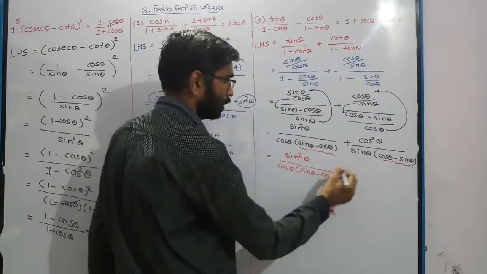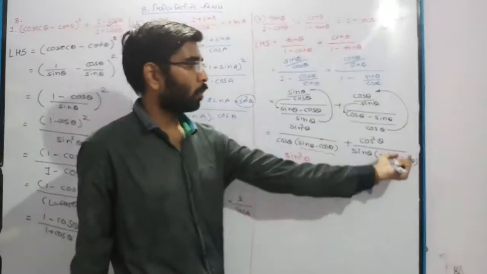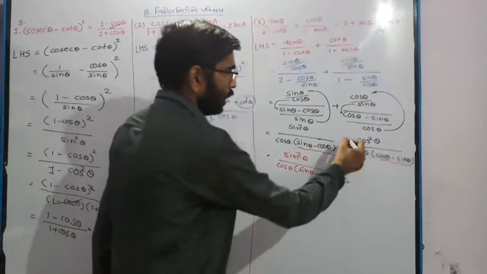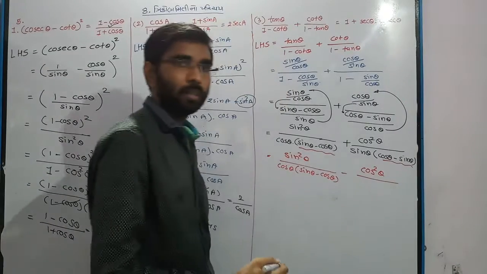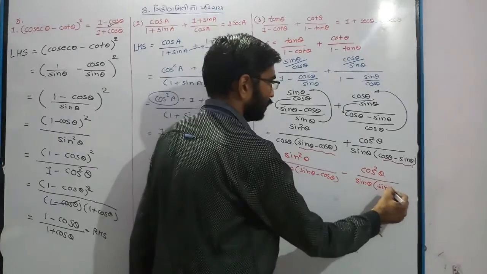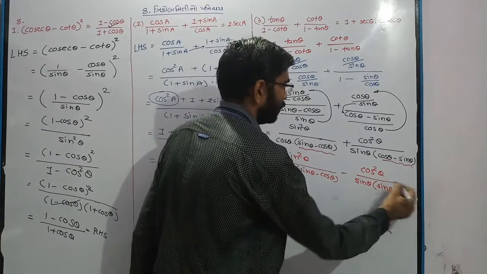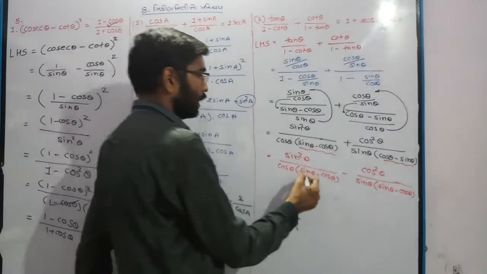If we take the minus sign common, then sin is plus and cos is minus. Plus minus minus gives minus cos square theta upon sin theta in the bracket sin theta minus cos theta. So the brackets are the same.